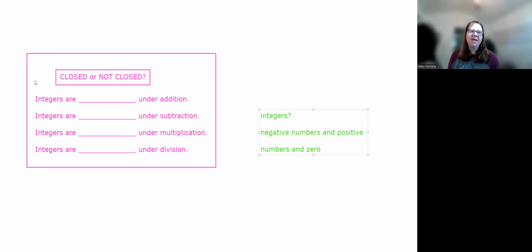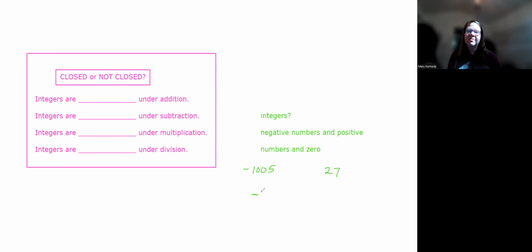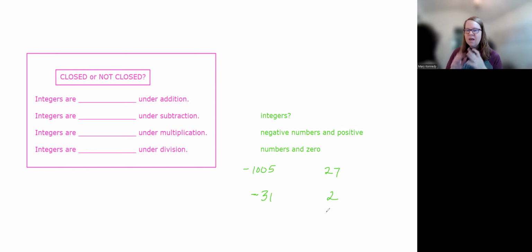Lots of integers: negative 1,005 is an integer, 27 is an integer, negative 31 is an integer, 2 is an integer. Any positive and negative numbers that are just plain old numbers, we might say natural numbers, whole numbers. Those are all kind of included, it's just a number, but it can be positive or negative.